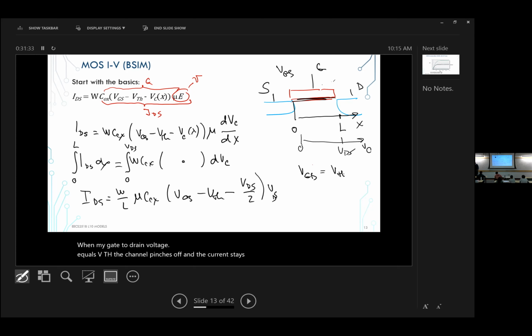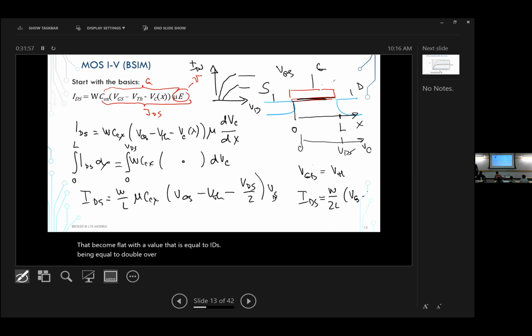If you would like to plot this, if this is your IDS versus VDS, these things, as plotted over here, look like parabolas that become flat with a value that is equal to IDS being equal to W over 2L times (VGS minus VTH) squared. So this is linear and this is saturation.